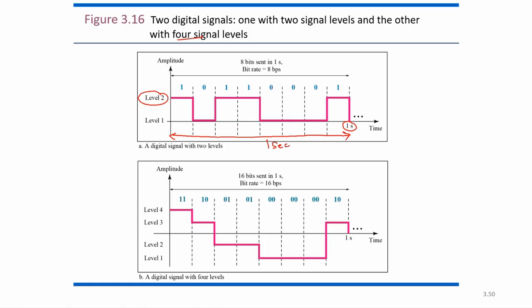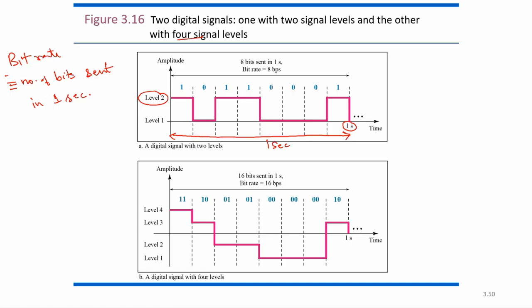In 1 second, how many bits are represented? 1, 2, 3, 4, 5, 6, 7, 8. So 8 bits are sent in 1 second, which means the bit rate is 8 bits per second. The bit rate is the number of bits sent in 1 second.